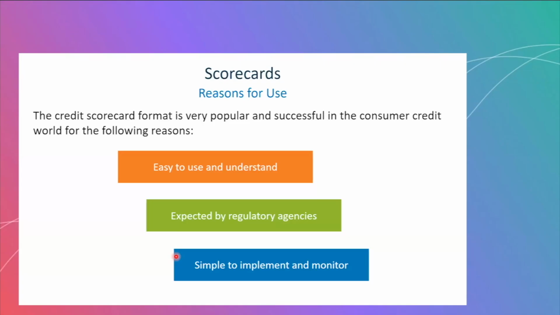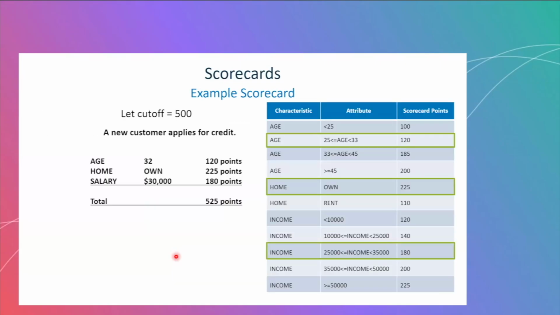Now let's look at an example so that we understand what a scorecard looks like and the utility of the scorecard. First, let me talk about certain nomenclatures or taxonomies. There are two major words that will keep occurring when we talk about the scorecard. One is a characteristic and the other is an attribute.